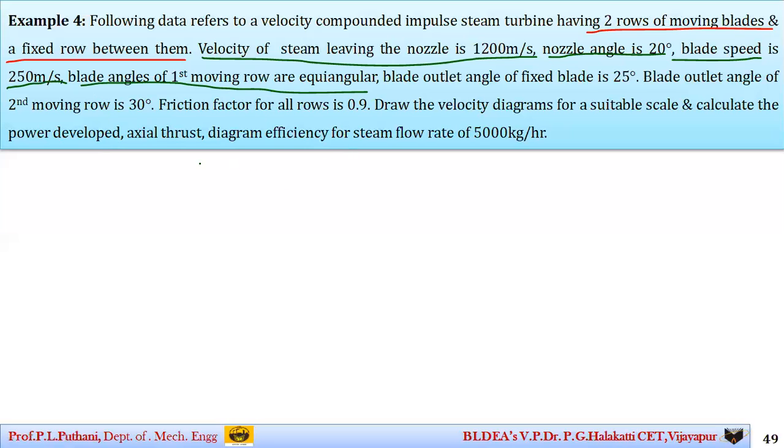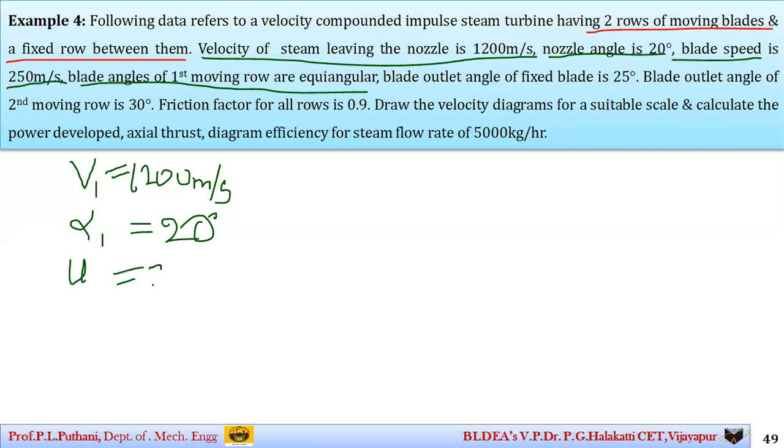Velocity of steam leaving the nozzle is 1200 meters per second, which means V1 is equal to 1200 meters per second. The nozzle angle is alpha 1 equal to 20 degrees. The blade speed U is equal to 250 meters per second.